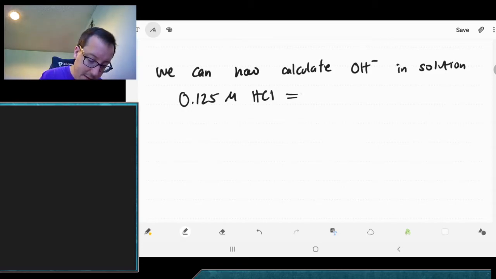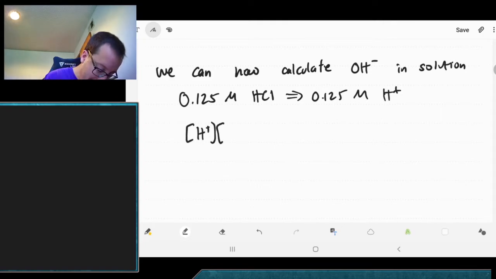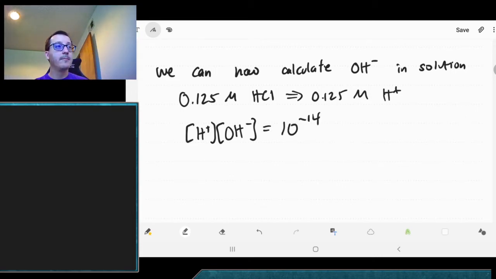Remember that gave us 0.125 molar H plus. We could figure out what the OH minus is going to be by understanding that H plus times OH minus in a solution will always equal Kw. And so it's simply a matter of plugging this in.